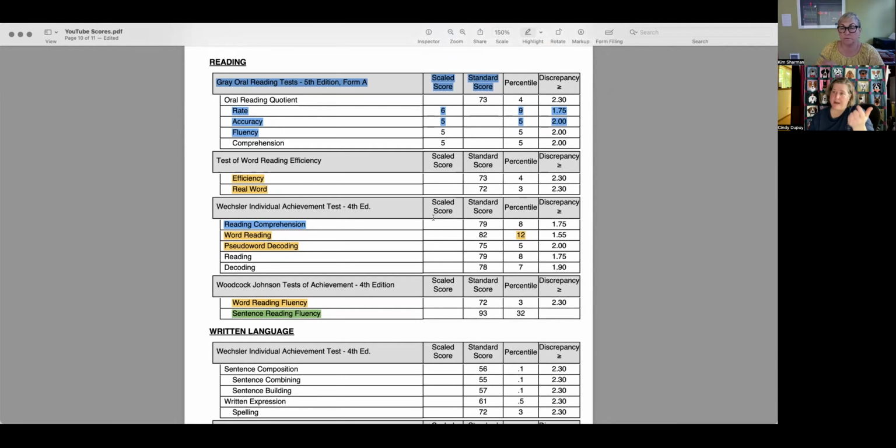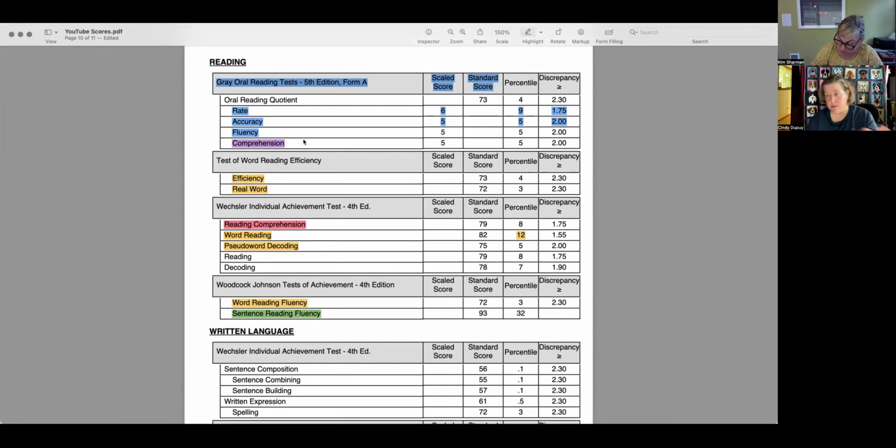Now, the other comparison I like to make is reading aloud versus reading silently, because that then changes how a student understands material. So, for example, this reading comprehension is different than this reading comprehension, because on the Gray Oral Reading Test, you've read aloud, and on the Wechsler, you're reading silently.